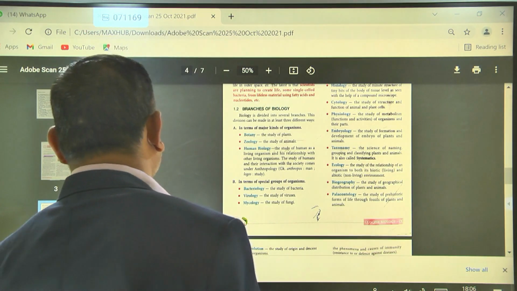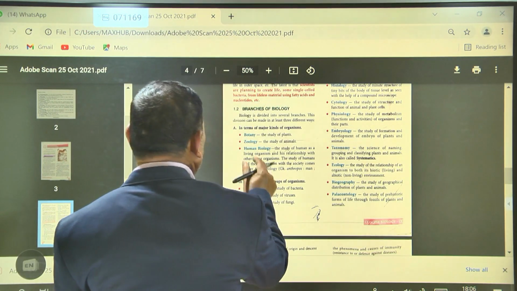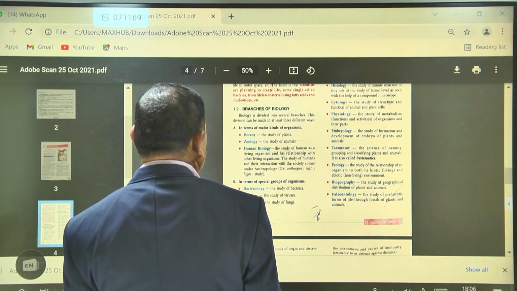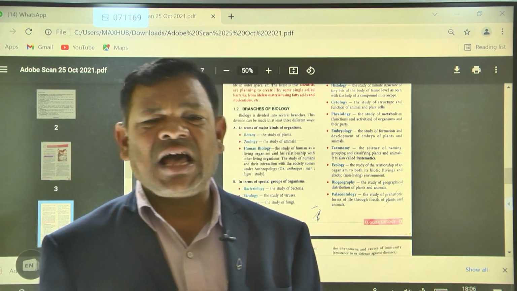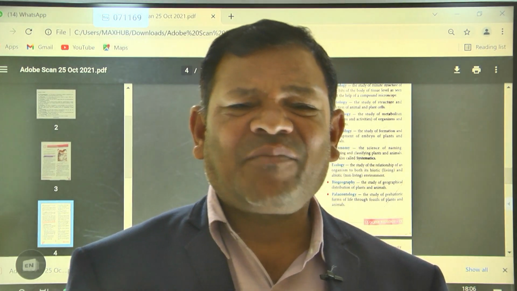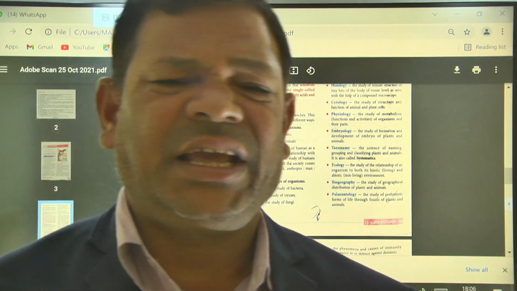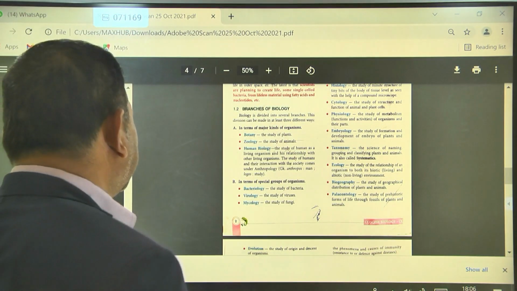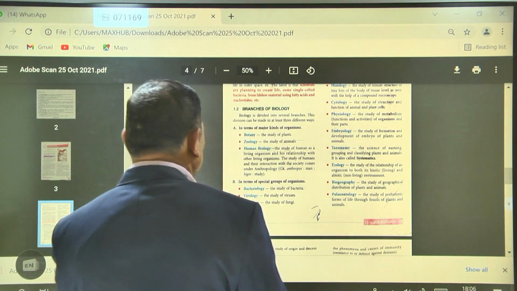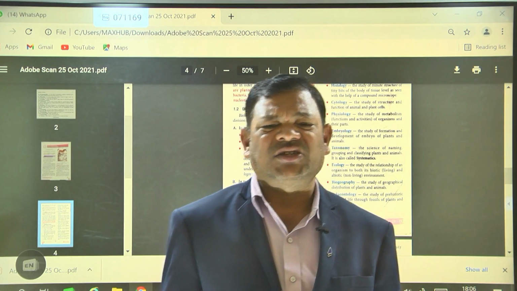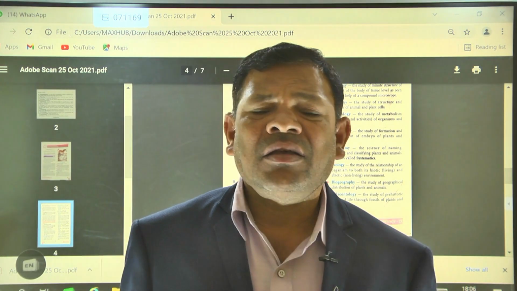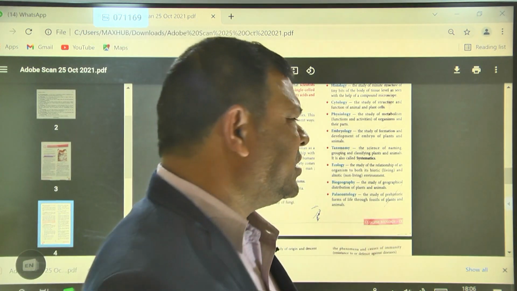What is the first one? In terms of the major kinds of organisms. First one is botany. Study of plants is called botany. Zoology: study of animals is called zoology.